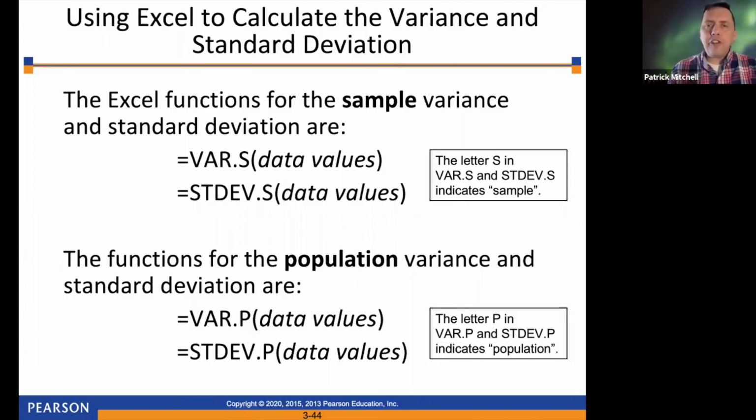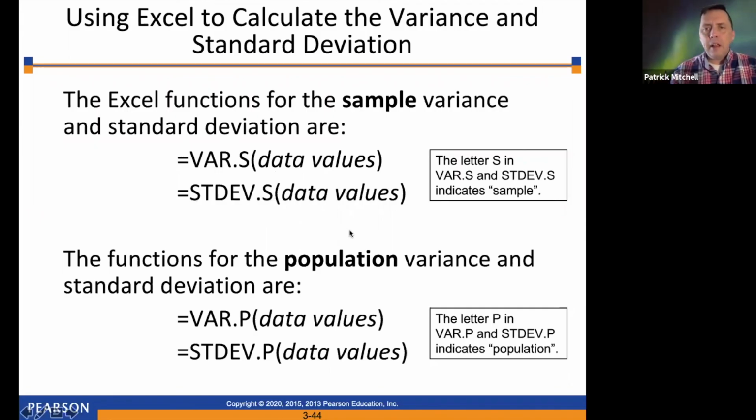So the Excel functions for the sample variance and standard deviation are var.s, S for sample, and then in here you put a range of data values like A1 colon A15. Or to cut right to the standard deviation, you do stdev.s and put a range of data values.